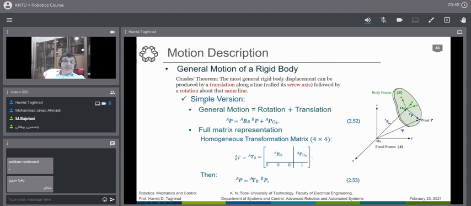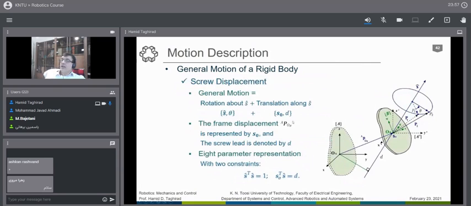Chasles' theorem is a bit more than that and says don't use two separate vectors, just use the line, the screw line. The theorem can be represented in this form. Don't look at a very sophisticated picture here.